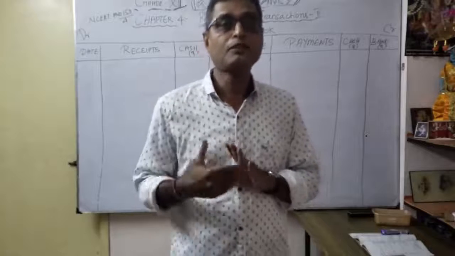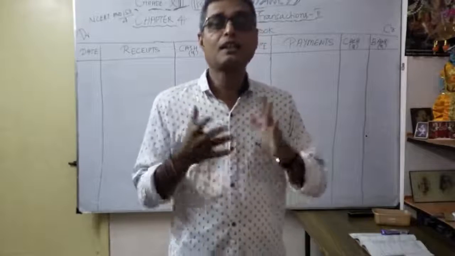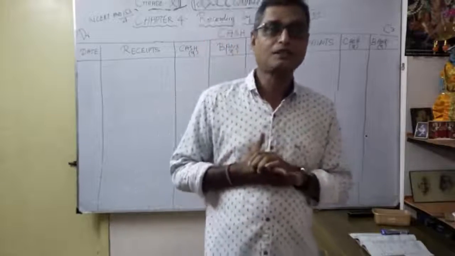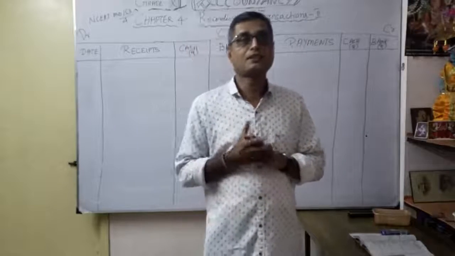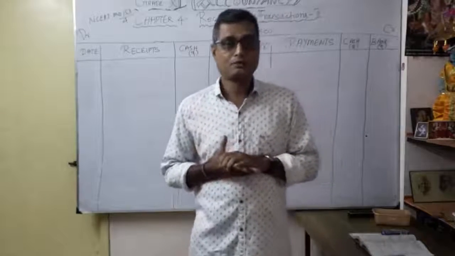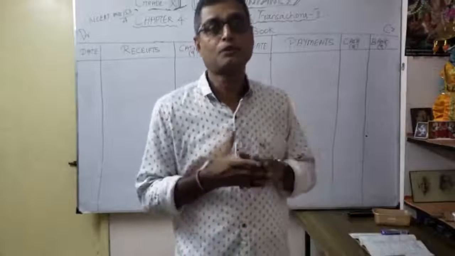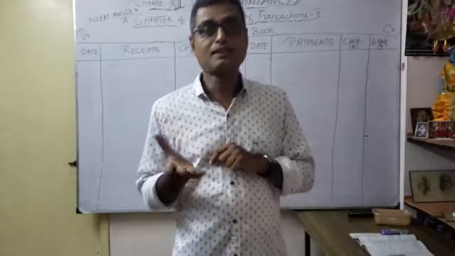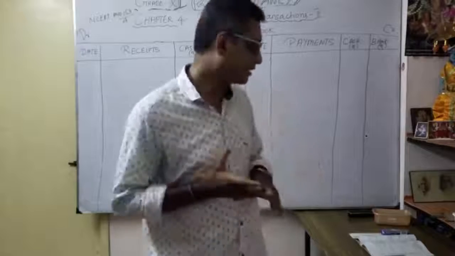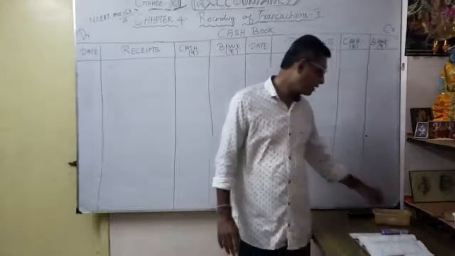Whenever you maintain bank transactions, it is always safe for us. Nowadays bank transactions have become large compared to cash transactions, so in a cash book we can deal with bank transactions also. That's why it is called double column cash book.